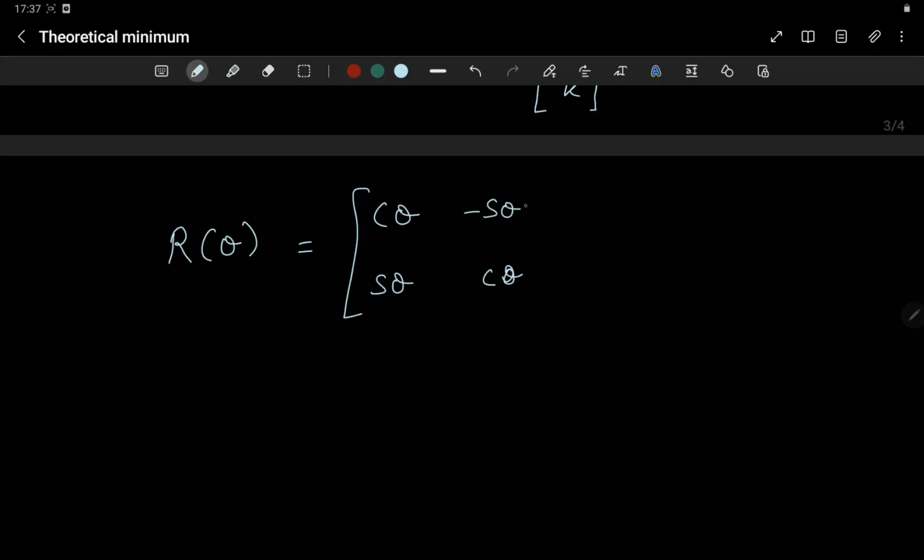For this you have got eigenvalues e to the power i theta and e to the power minus i theta. For e to the power i theta the eigenvector was k into 1, minus i, and for e to the power minus i theta, k into 1, i.